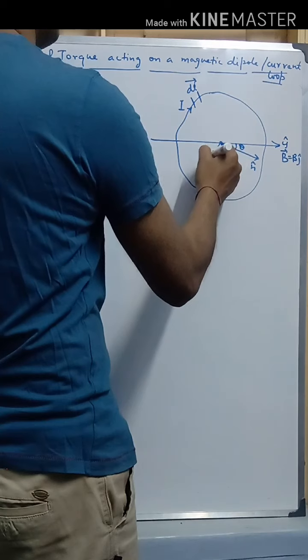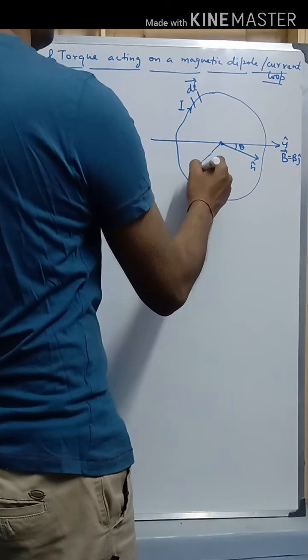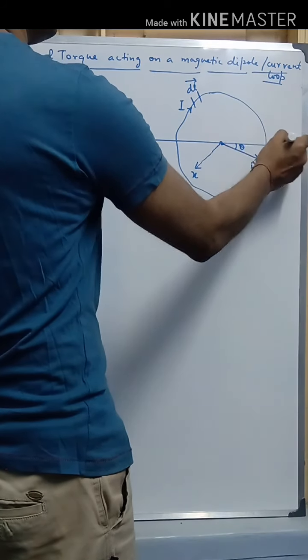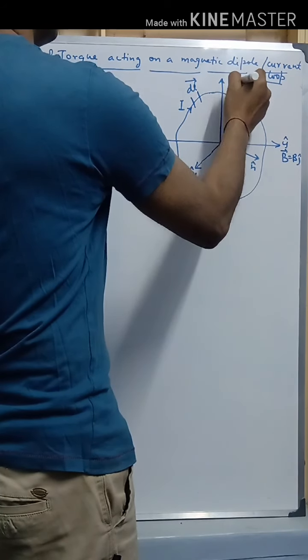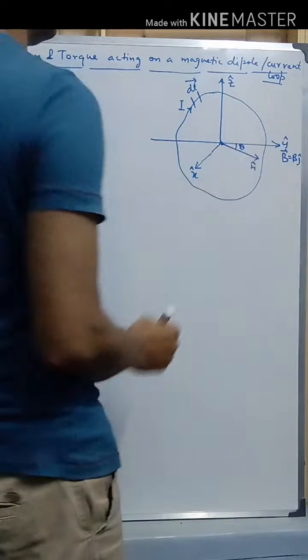Let's say the x-axis is perpendicular to the y-axis, and the z-axis is also perpendicular to the xy plane.